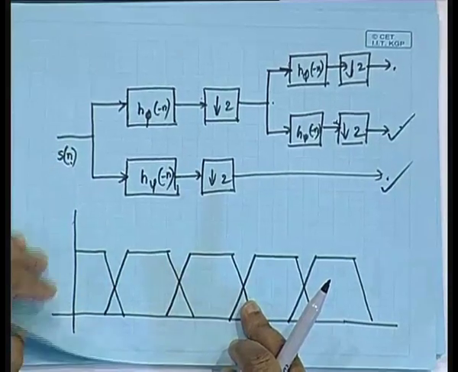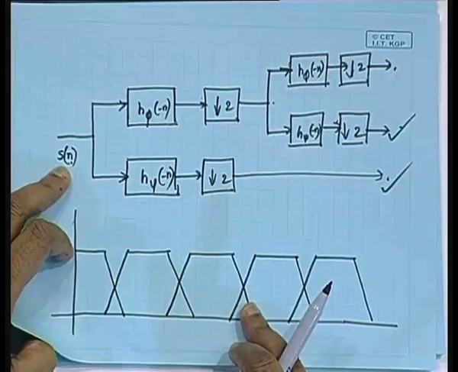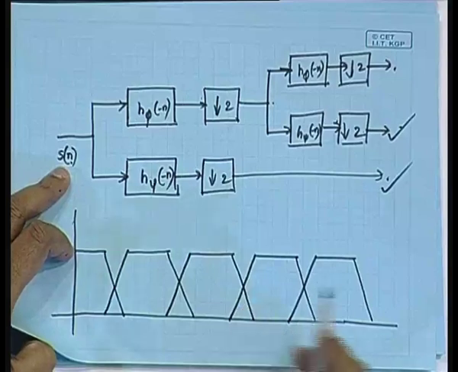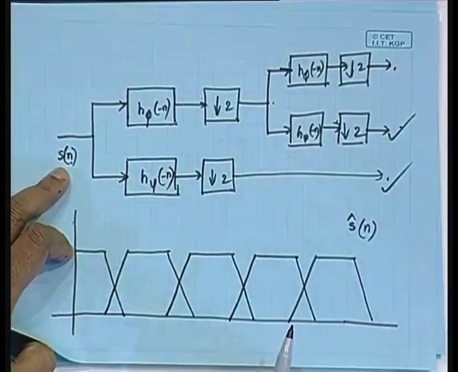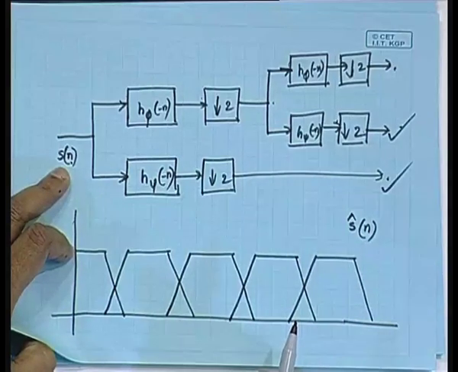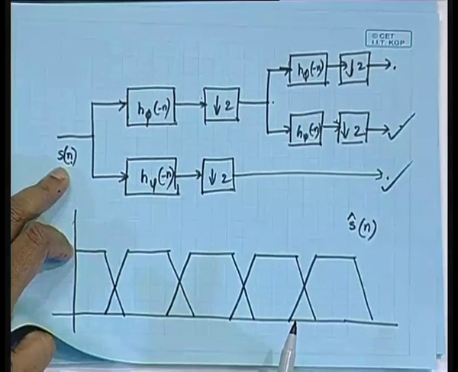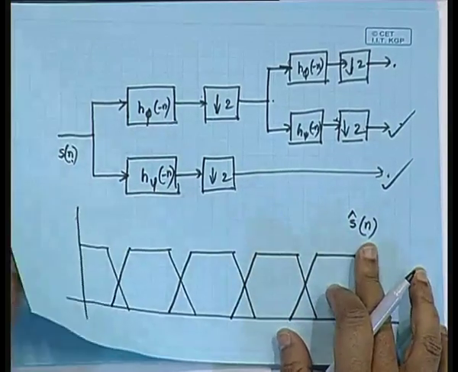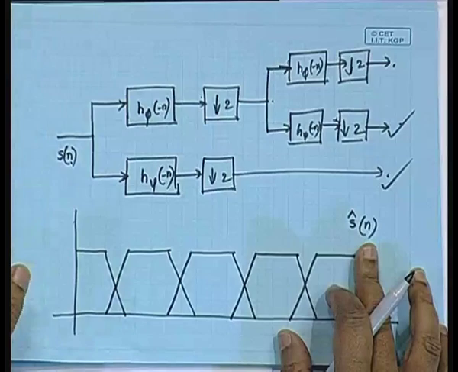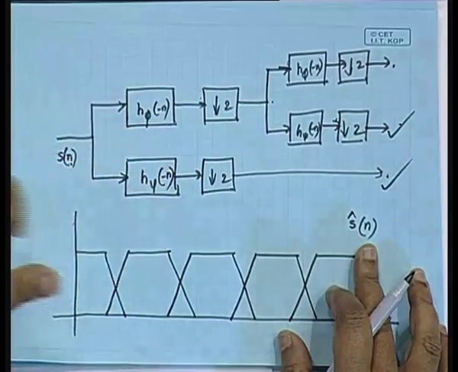You can obtain it back. You can call that S cap of n, because you are not too sure whether you will get back the signal exactly or not. But you can obtain this S cap of n by a process of synthesis filters.